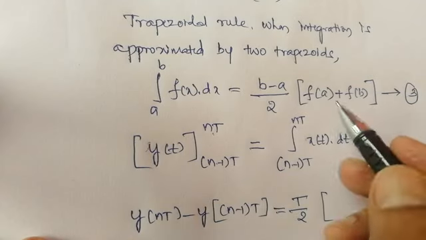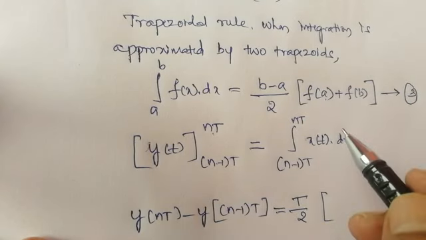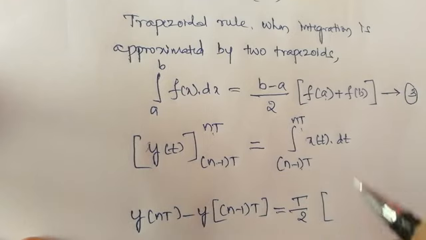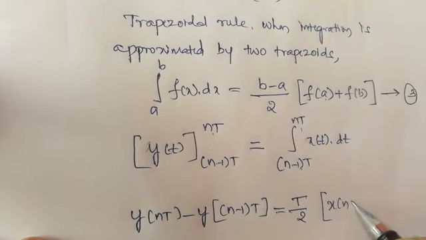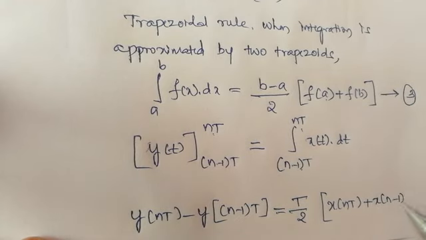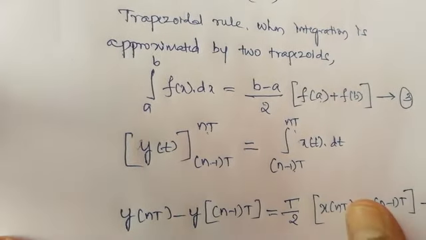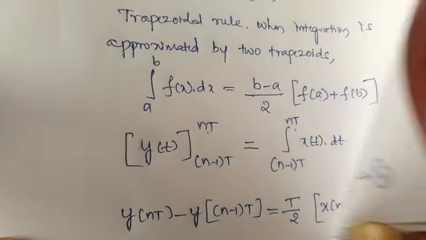Then a is x of n minus 1 T and b is x of nT. So we can write x of nT plus x of n minus 1 into T. Let us represent this as equation 4.